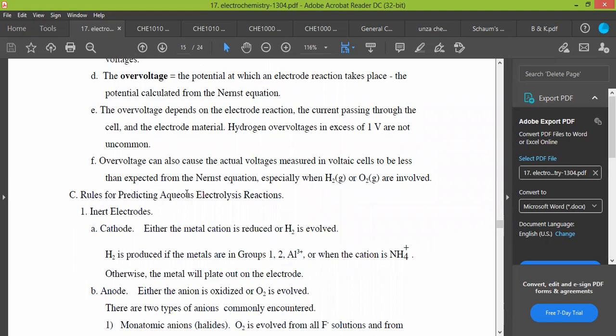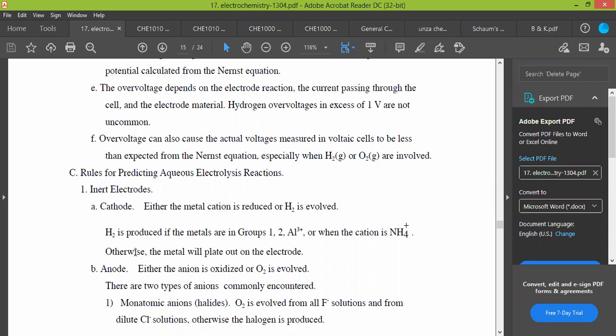Rules for predicting aqueous electrolysis. When you are predicting the reactions, always know this. I've already told you this, these are just emphasis of the same point.